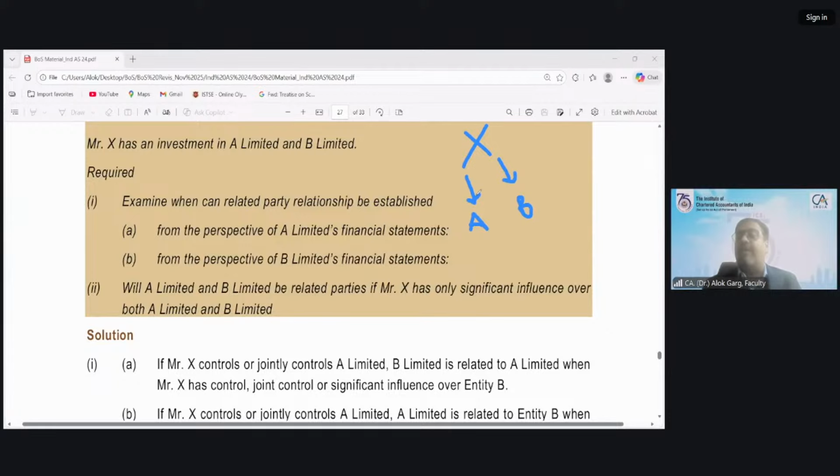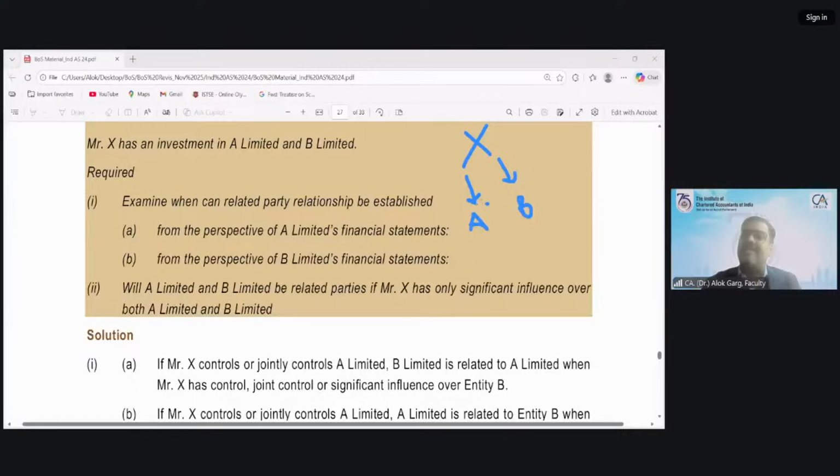X has control over A and joint control over B. Are both related parties? Answer is yes. X has control over A and significant influence over B? Yes. X has joint control over A and control over B? Yes. Joint control over A and joint control over B? Yes. Joint control over A and significant influence over B? Answer is yes.